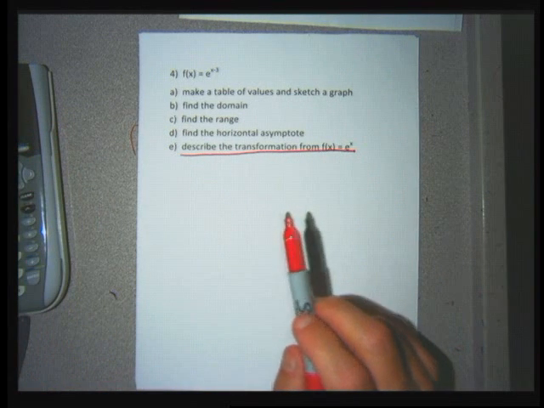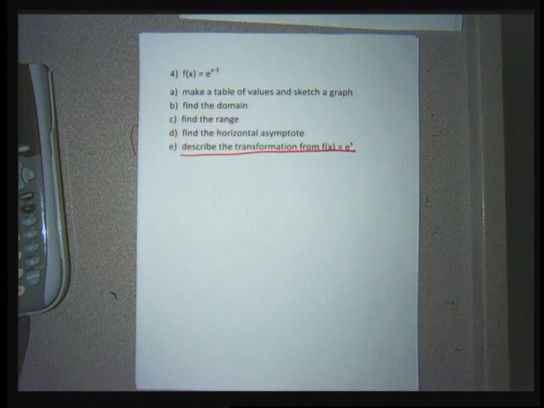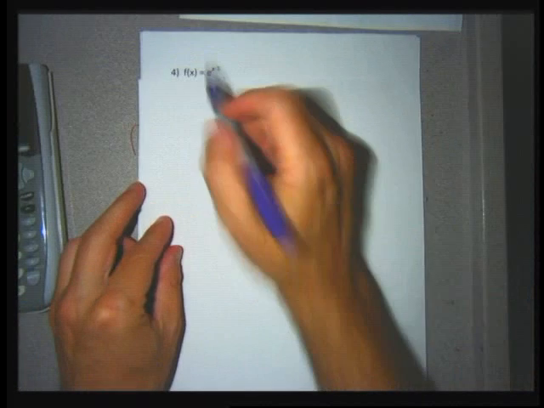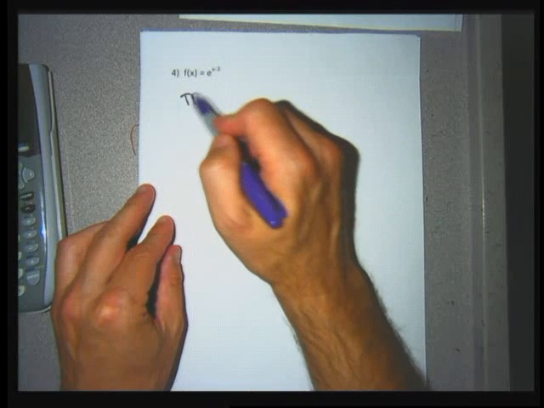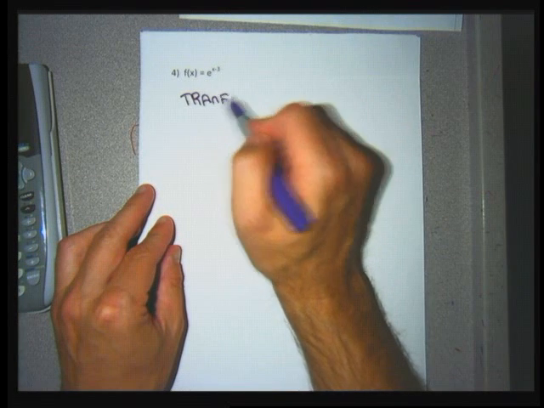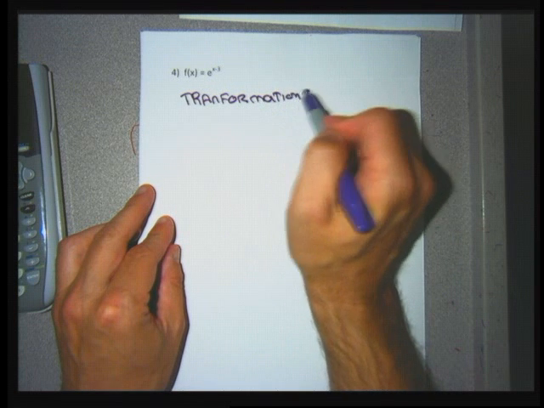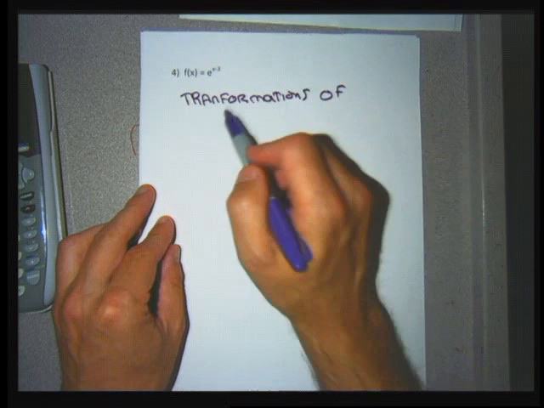And so for exponential functions, we can shift them left or right, we can shift them up or down, and we can reflect them above the x-axis or reflect them above the y-axis. This is something you should just know before I get into this problem. So we'll just say movements or transformations of exponential functions.